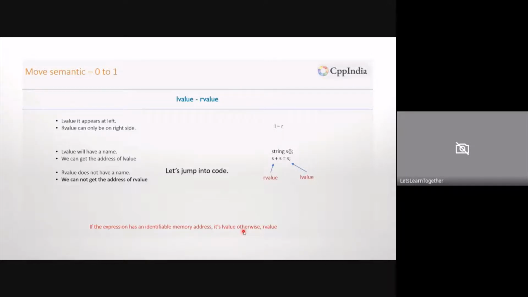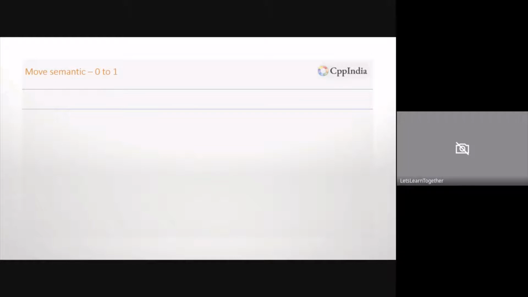If we can get the address of the result of some expression, that will be an L value. In this case we cannot get the address of this expression, so it is an R value, and we can get the address of this, so this is an L value. Okay, let's move forward.